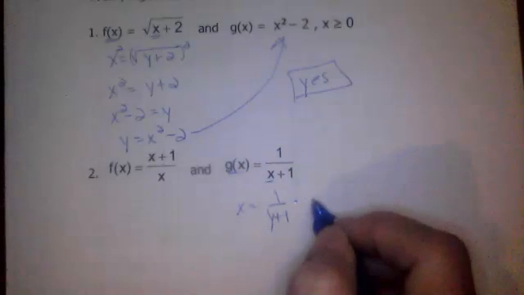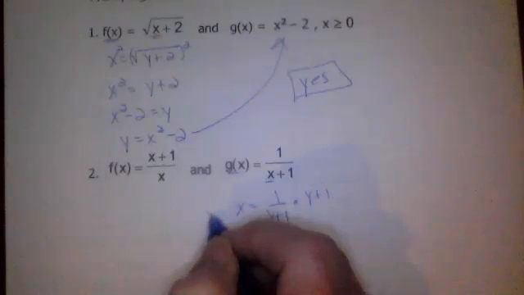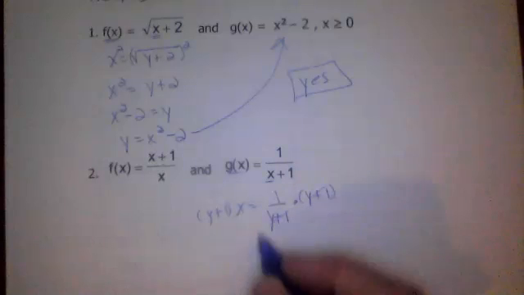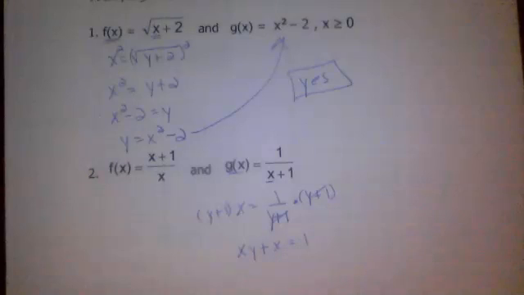I multiply both sides by the denominator, and over here they just divide out. So I have xy plus x equals 1. So I'm going to subtract x because I'm trying to get y by itself. So 1 minus x, and then I would divide by x, and y equals 1 minus x over x.